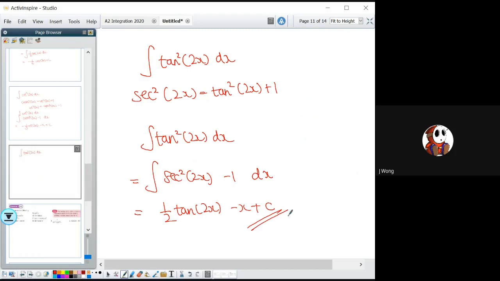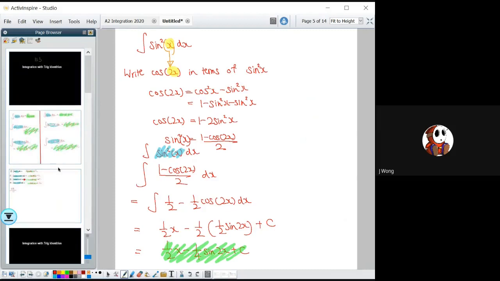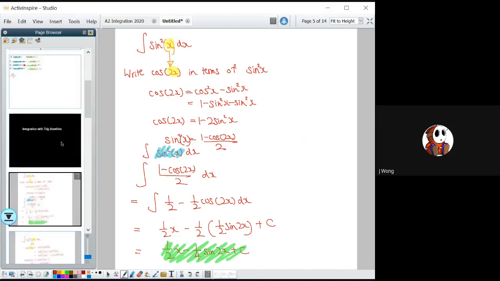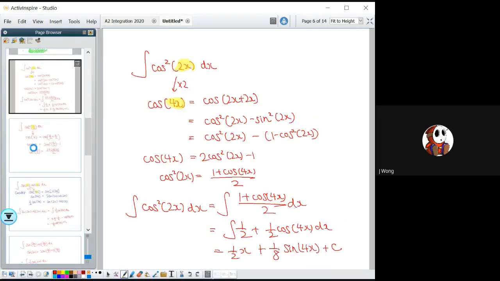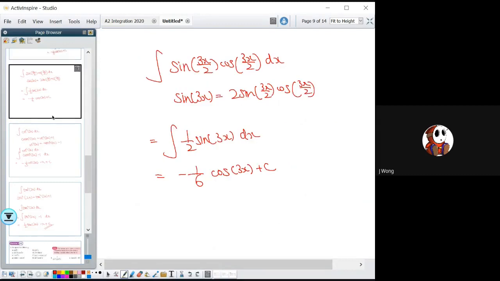So far, as you can see, all the integrals that we have been dealing with use various A2 trigonometry identities that we've learned. The first two are the cos and the sine double angle formulas, and then these reciprocal trigonometry identities, which are cosec squared and sec squared.